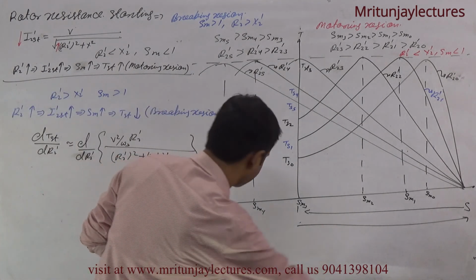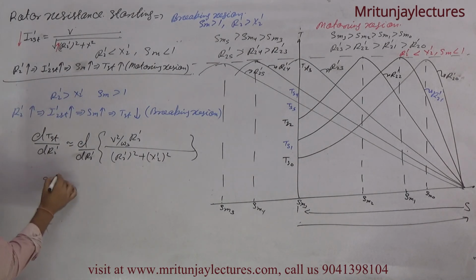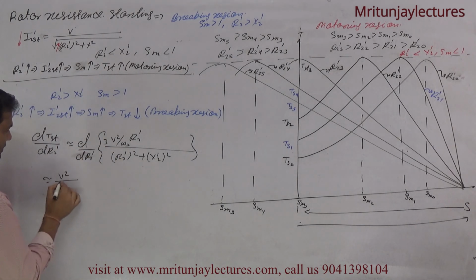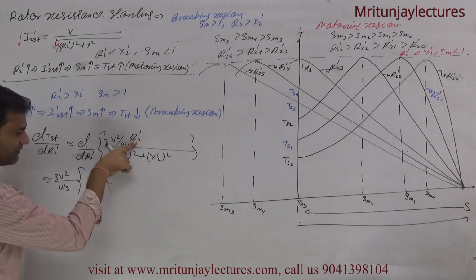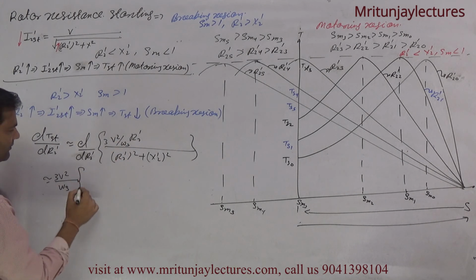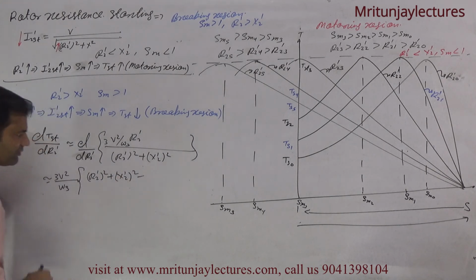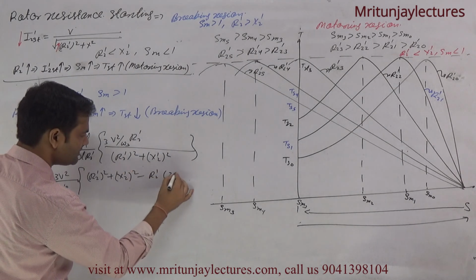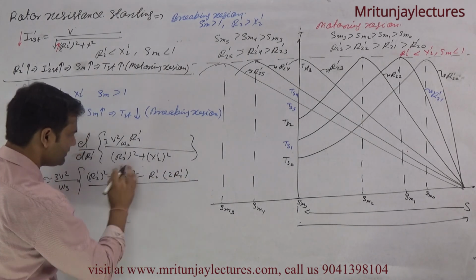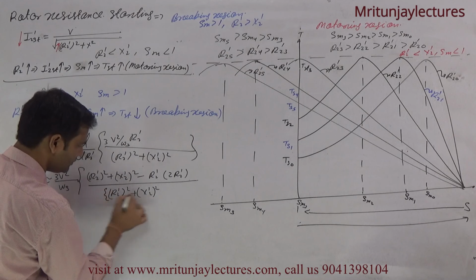Now this will be equal to 3V square upon omega s. Now differentiation of R2 dash with respect to R2 dash is 1, so that is R2 dash to the whole square plus X2 dash to the whole square, minus R2 dash into differentiation of this one, that is 2 times R2 dash, divided by R2 dash to the whole square plus X2 dash to the whole square.